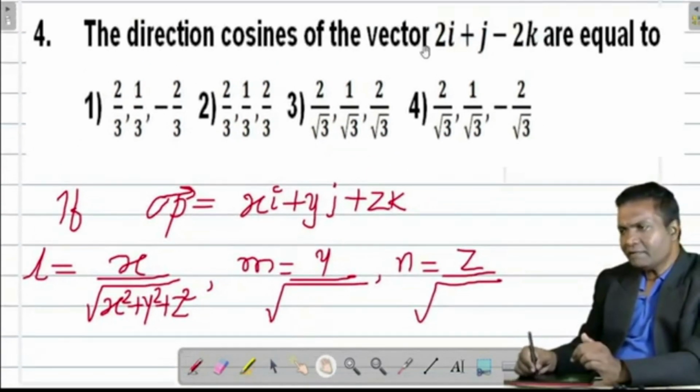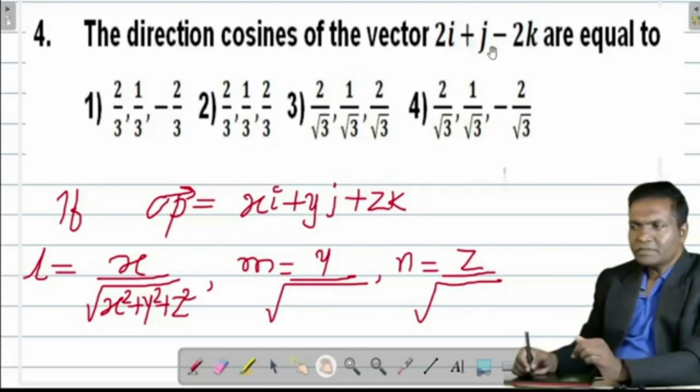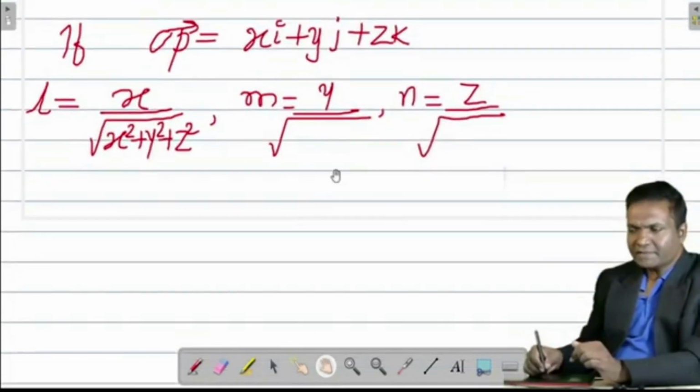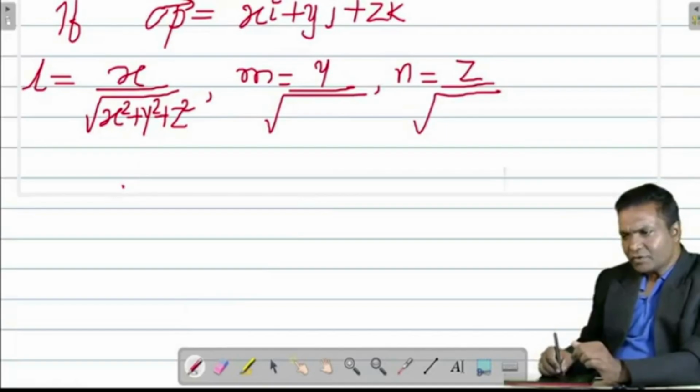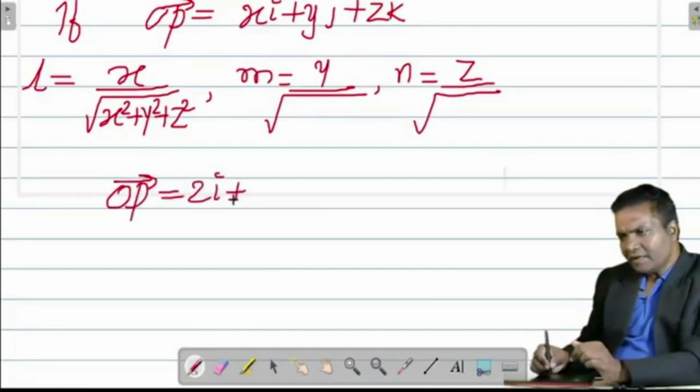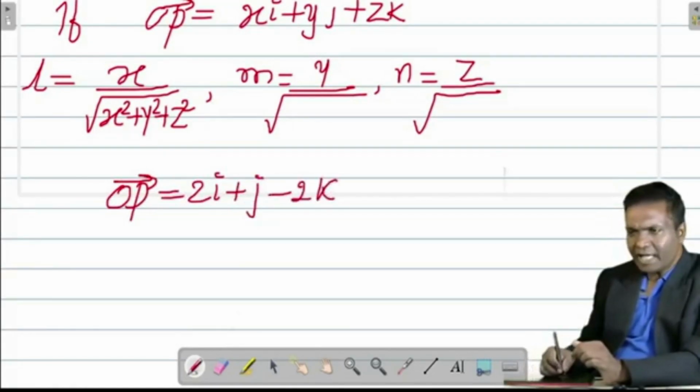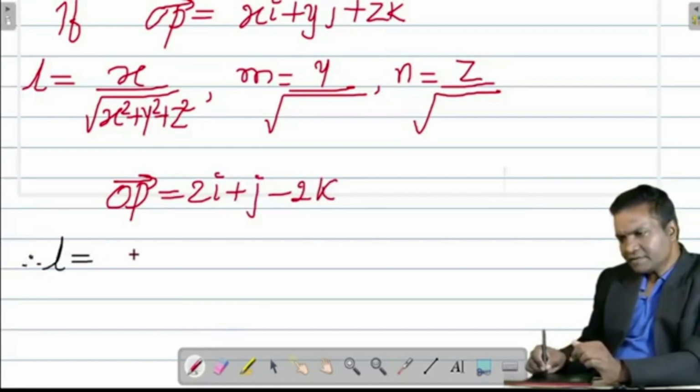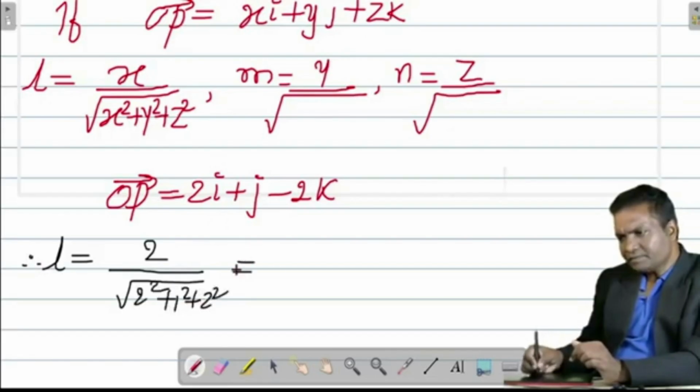So you are given the space vector as 2i plus j minus 2k. Okay, so here 2i plus j minus 2k is given, so you can calculate. Therefore l is 2 divided by square root of 2 square plus 1 square plus 2 square.